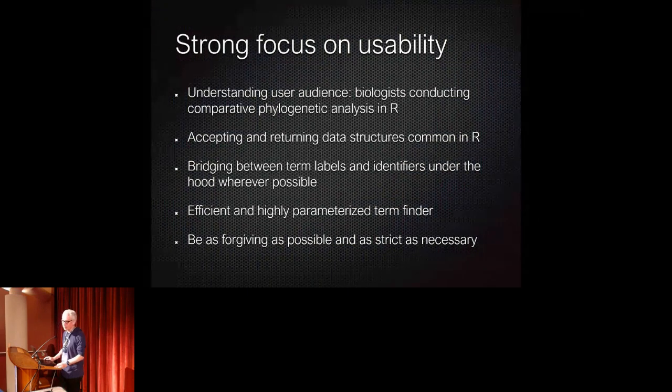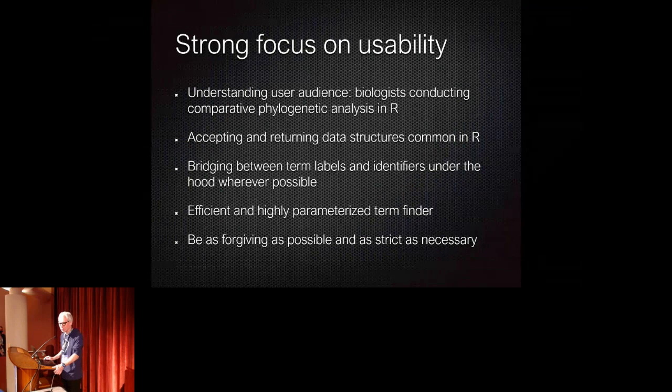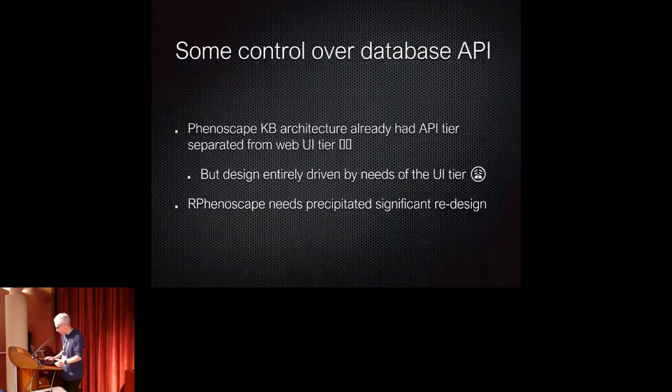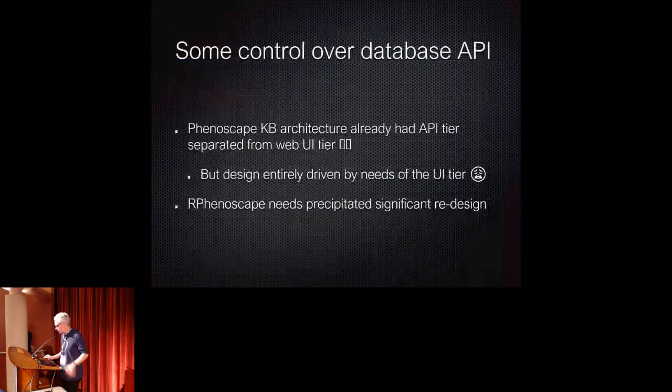One thing here that I really want to mention that often gets underestimated, and what proved to be very powerful, is an efficient and highly parameterized term finder, right? It sounds very trivial and like really a sort of plumbing, but found very important. And so that extends to, you know, more complicated things like, for example, class expressions, where you can input a natural language description and then obtain it fully turned into IRIs.